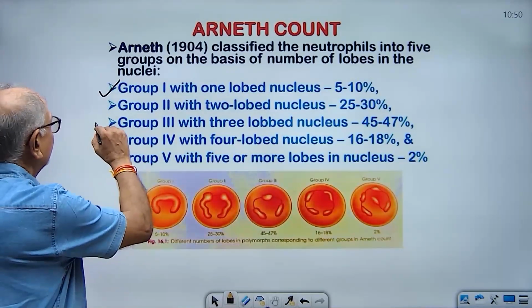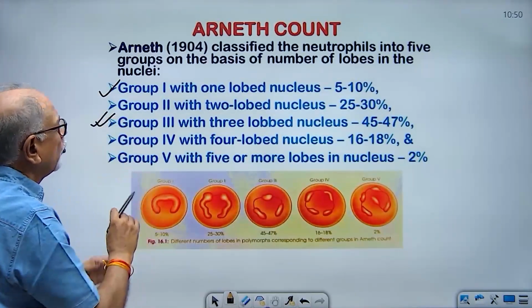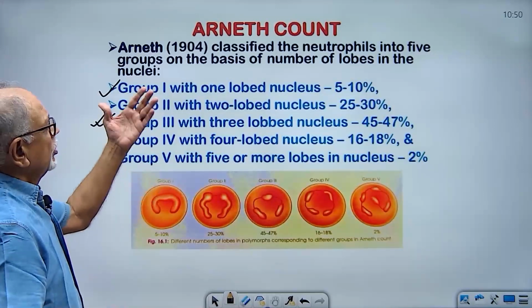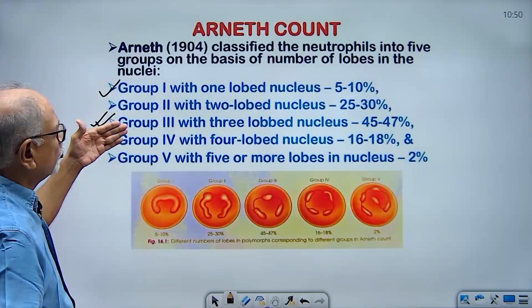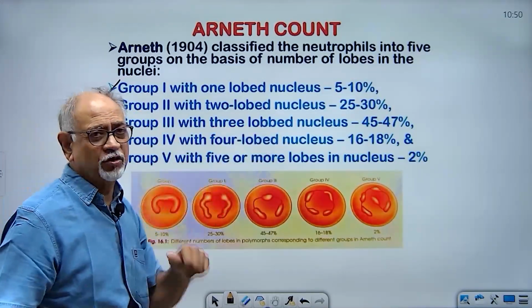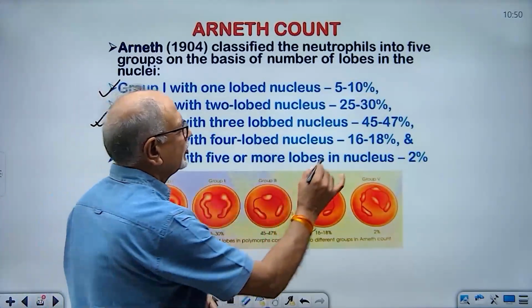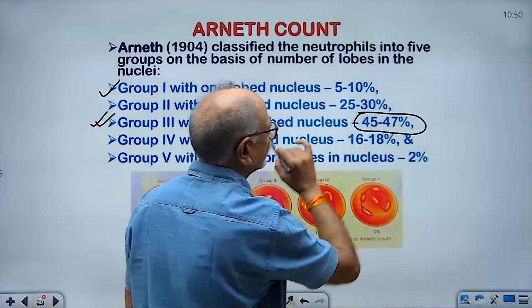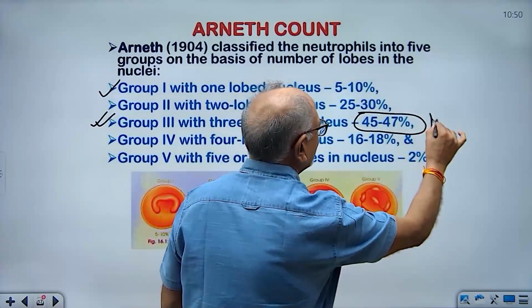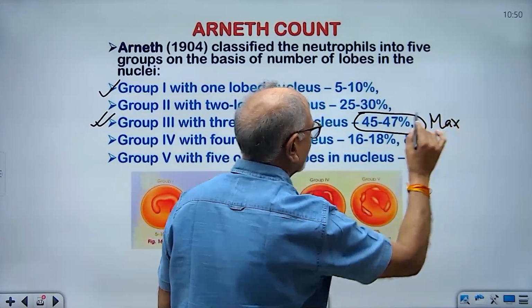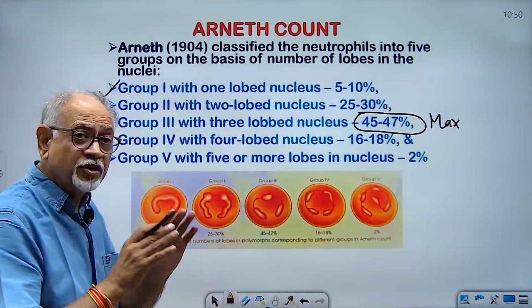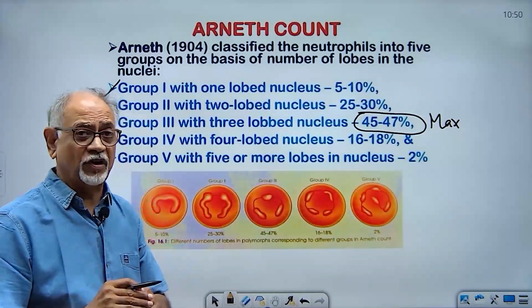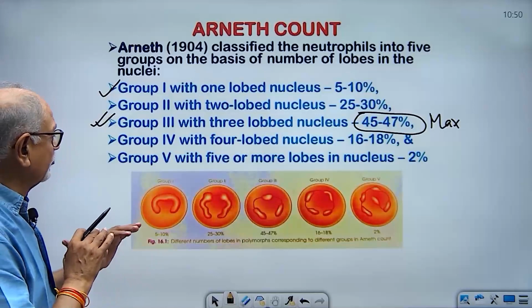Group 3 is very important and the most active of neutrophils, which contain a 3 lobed nucleus. Their number is 45 to 47%. They are maximum in number and they are the most active neutrophils present in our blood.